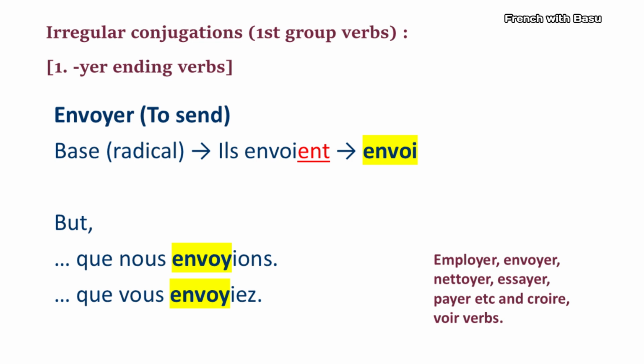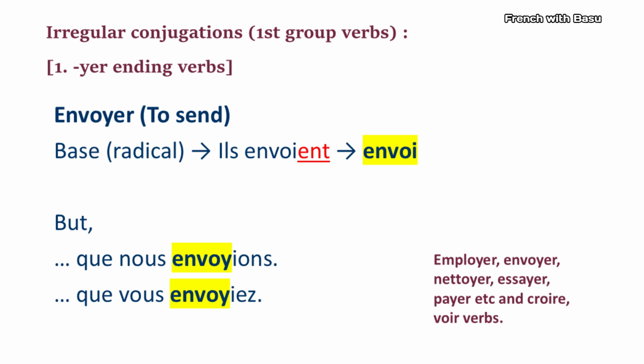Number 1. YER ending verbs such as employer, envoyer, nettoyer, essayer, payer, etc. and croire, voir verbs change the I in the third person plural base to Y in the nous and vous forms. It's exactly the same as present tense.